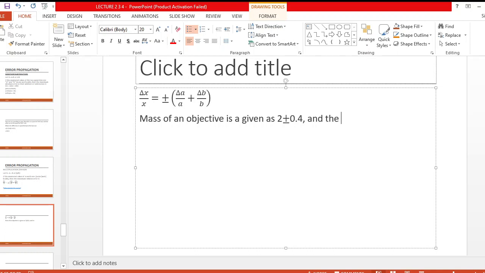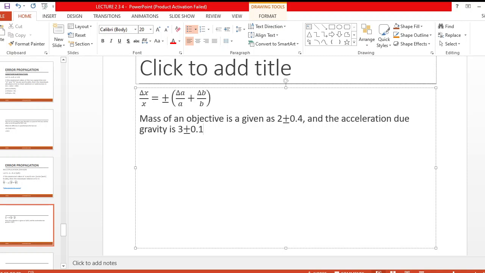and the acceleration due to gravity is 3 plus or minus 0.1.